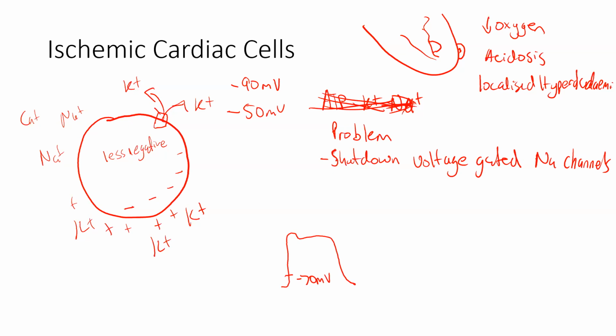Because these cardiac cells, and we're only looking at these cardiac cells, are going to be less negative by the fact that the ATP channels and all those kind of things are leaking potassium out, they're going to be not minus 90 millivolts, but less than that. They may be around 60, around 50, around 70.